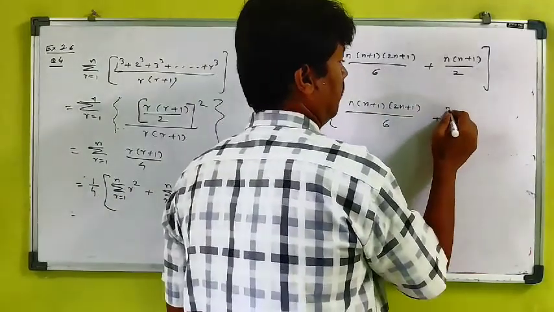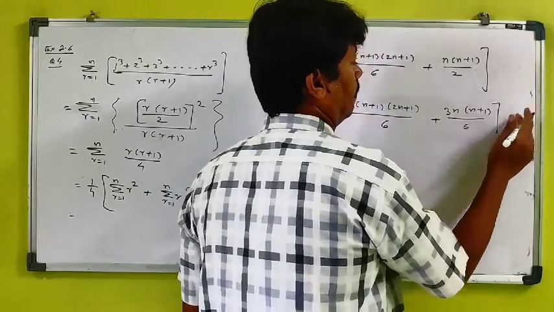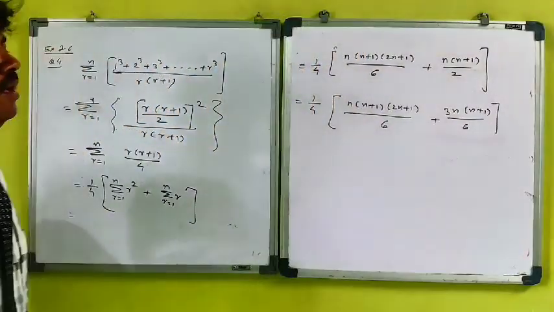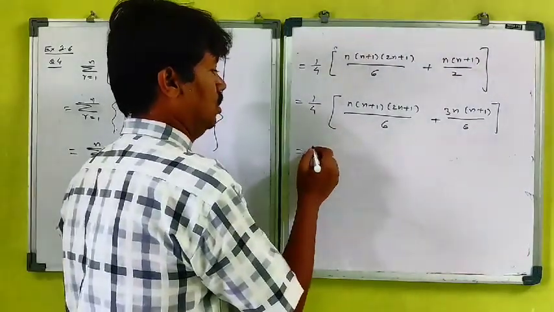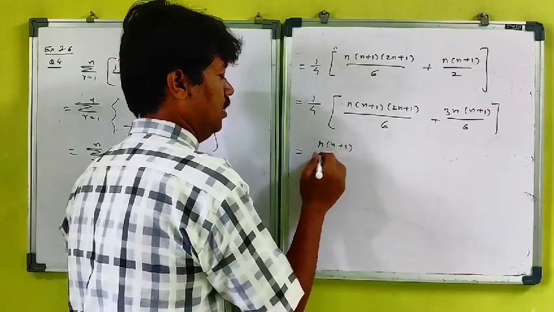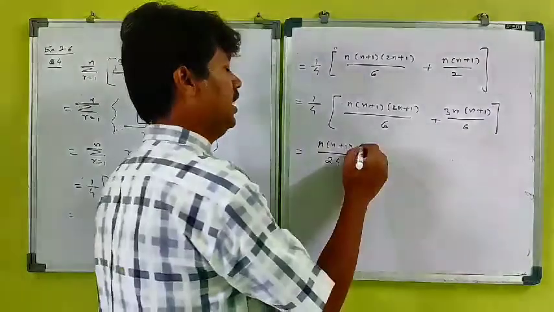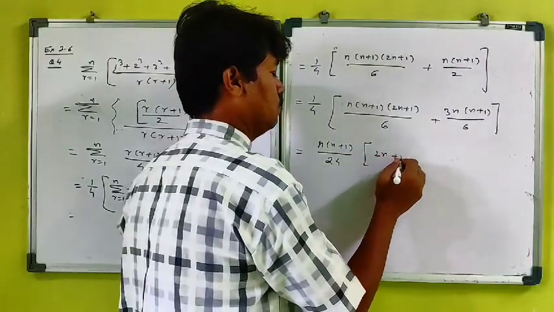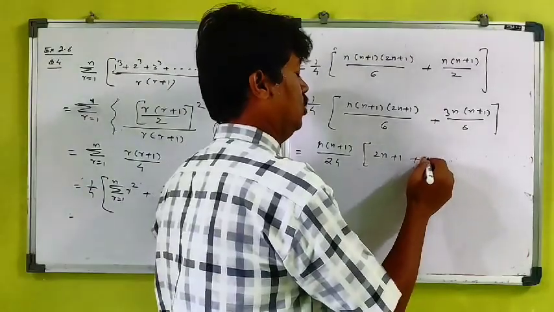So for the LCM, we multiply this by 3, like this. And then n into n plus 1 is taken as common, and 6 also. So it is 1 of n into n plus 1 upon 24, 6 into 4 is 24. So what remains inside? 2n plus 1 remains. And here what remains? Only 3 remains.